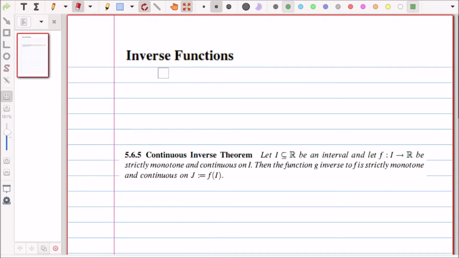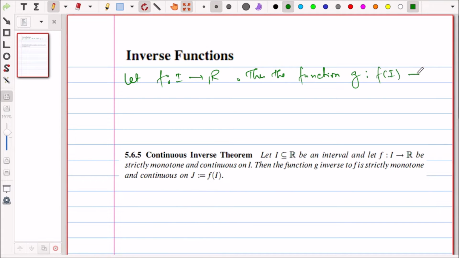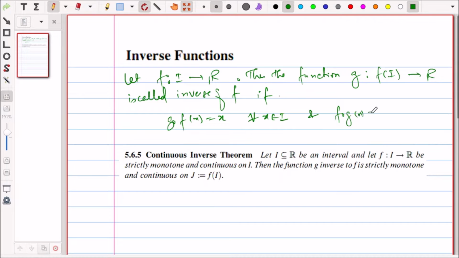Let f be a function from I to R. Then the function g defined on f(I) to R is called the inverse of f if g(f(x)) is equal to x for all x belonging to I, and f(g(x)) is equal to x for all x belonging to f(I).